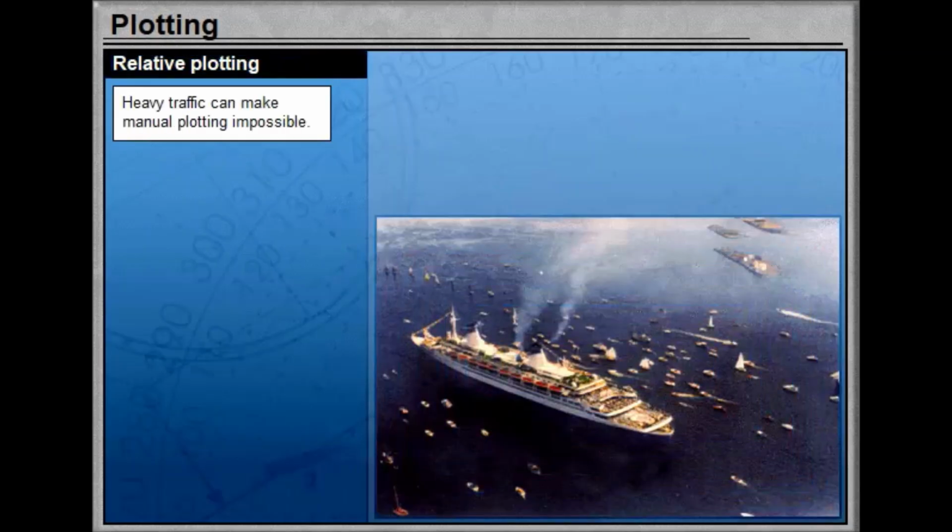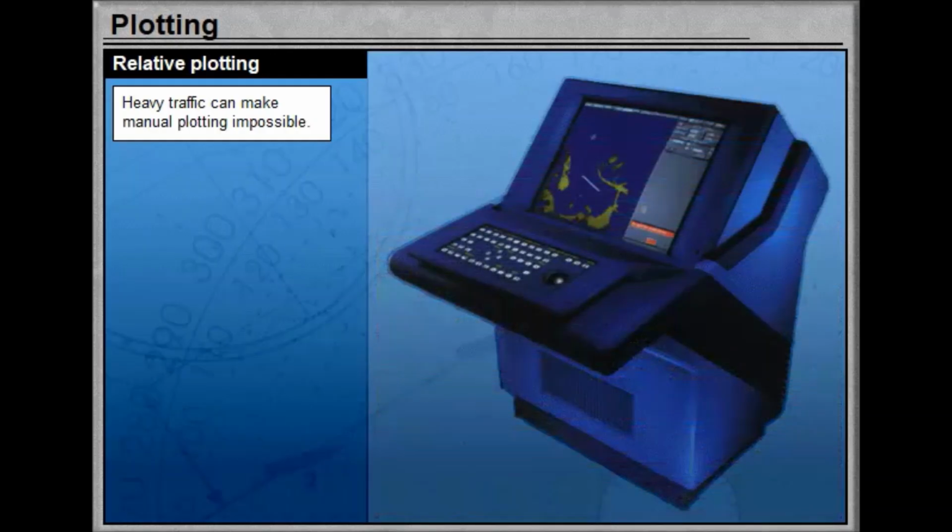This situation has been known to navigators for many years, and after thousands of unnecessary collisions with loss of many lives, IMO have at last succeeded in making automatic radar plotting systems, ARPA, compulsory on all ships above 10,000 tons. This is a big step in making traffic surveillance by radar in reduced visibility much safer.